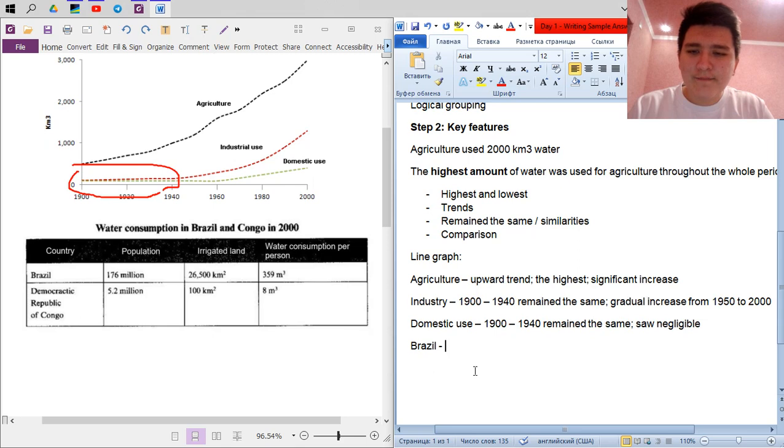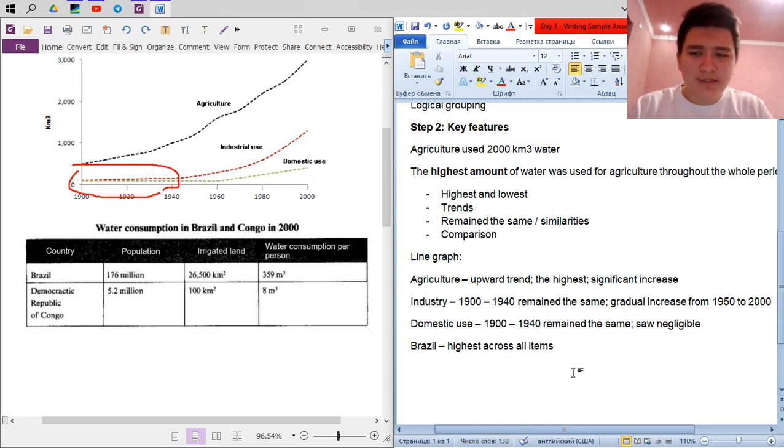I think it was the highest in terms of everything, because if it has more population, then the logic is it will have more irrigated land because they need to feed the population. And water consumption per person was also a lot. It was highest across all items, I'd say.